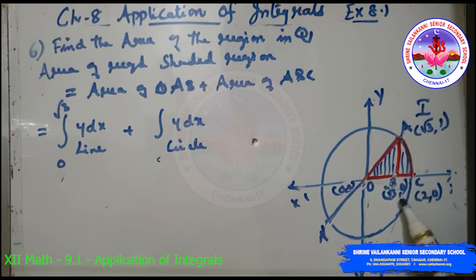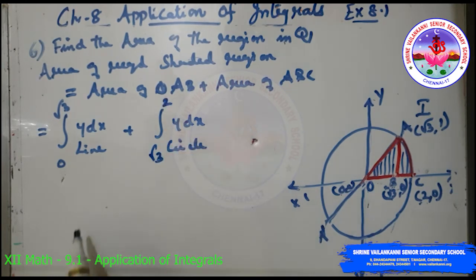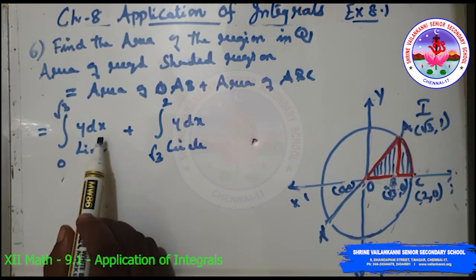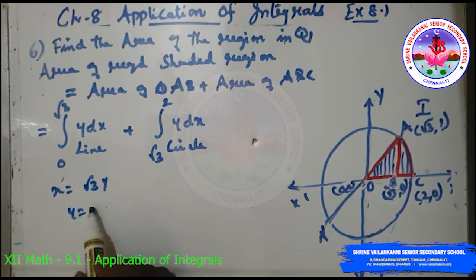So from B to C, so root 3 to 2. The line is given as x is equal to root 3 y, so y equal to 1 by root 3 of x.